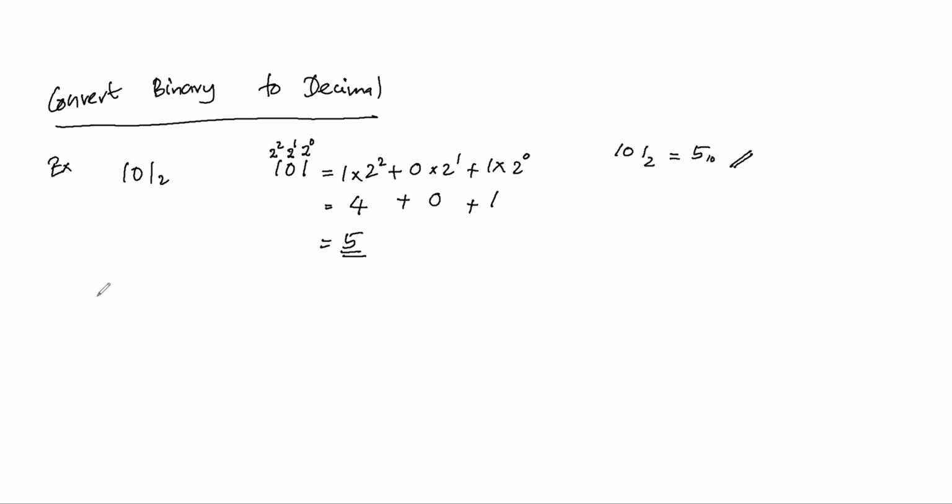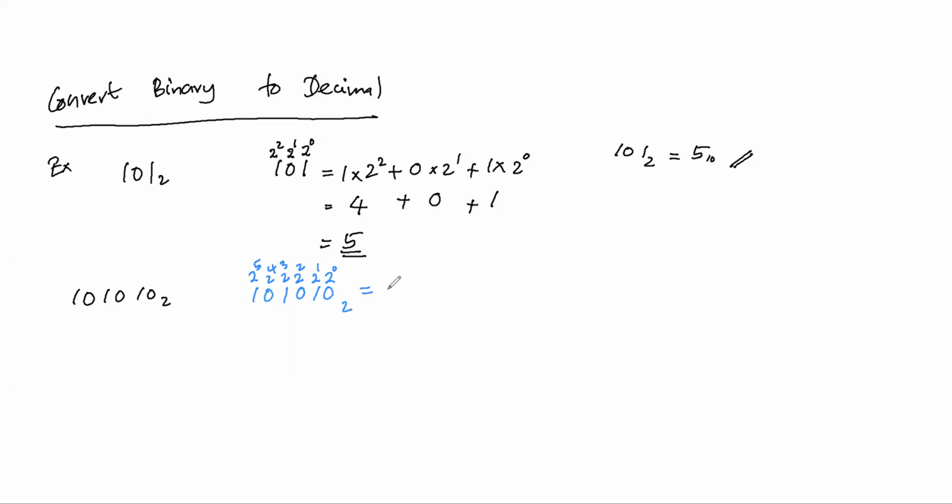So shall we do another exercise? We'll say 101010 base 2. Can you calculate and see what is the equivalent value in decimal? Let's look at how to convert this. We have 101010. This is 2 to the power 0, 2 to the power 1, 2 to the power 2, 2 to the power 3, 2 to the power 4, and 2 to the power 5, right?